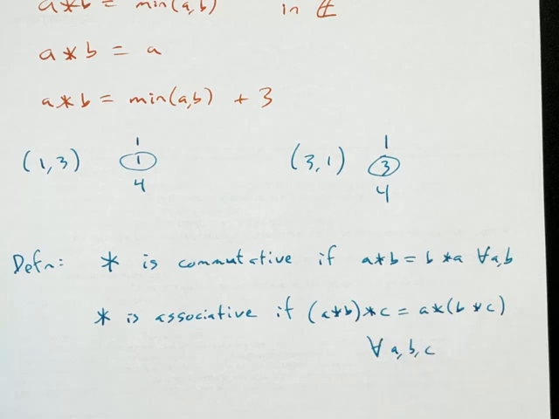Now, in linear algebra, multiplication is associative. If you're multiplying 3 matrices together, it doesn't matter which pair you do first. You do the first and the second, or the second and the third, and then multiply by the remaining one. In either setup, you'll get the same answer. But matrix multiplication is not commutative.